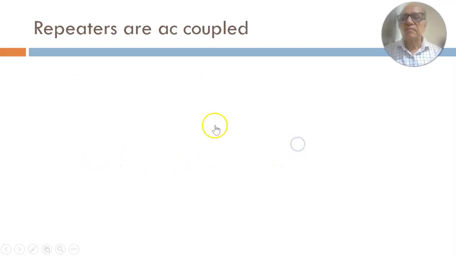So these two we are going to study. Now we have already said that a lot of low frequency component or a discrete DC component is not good. And what is the reason for that? One reason is that repeaters are often used when you have a long transmission line. In between you will find that the amplitude of the signal has become quite low, and it will be necessary to regenerate the signal by using what is called a regenerative repeater.